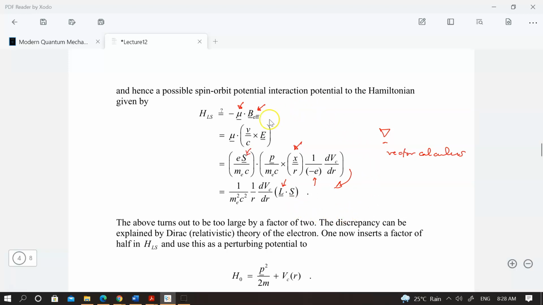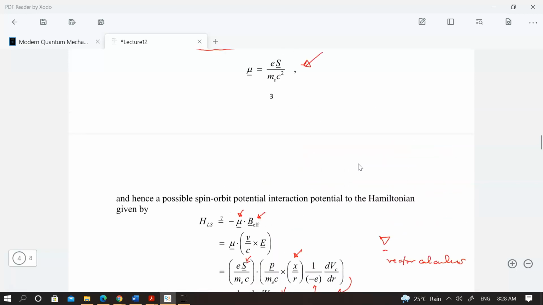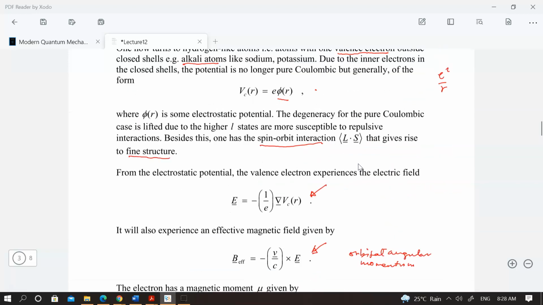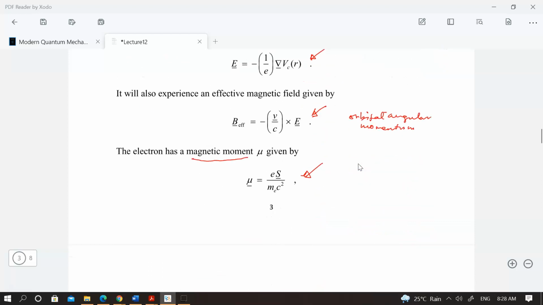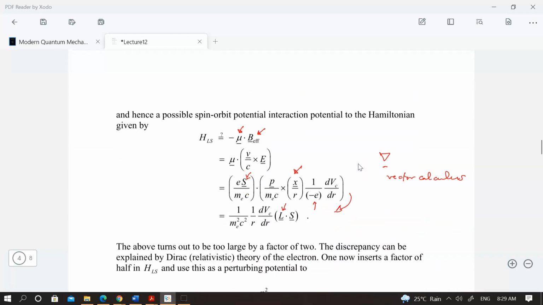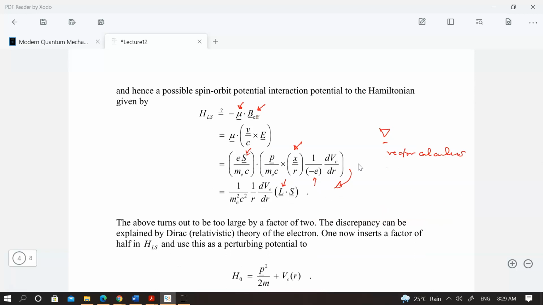Now, this expression, which we had introduced through this potential phi and then calculated in terms of the electric and magnetic field, is actually, when compared to what is seen in experiments, larger than the correct one by a factor of 2.